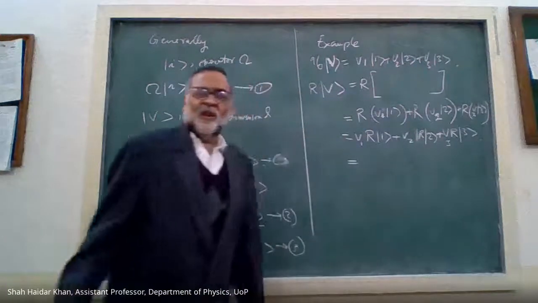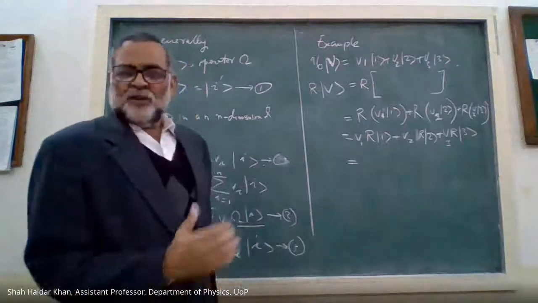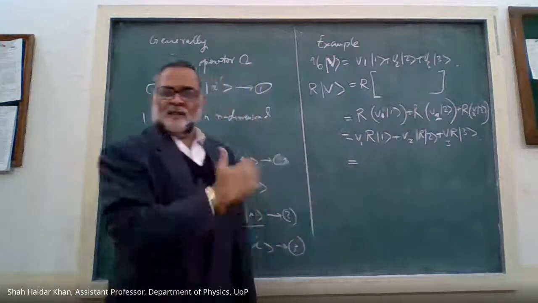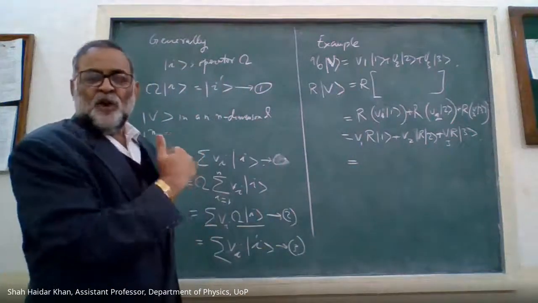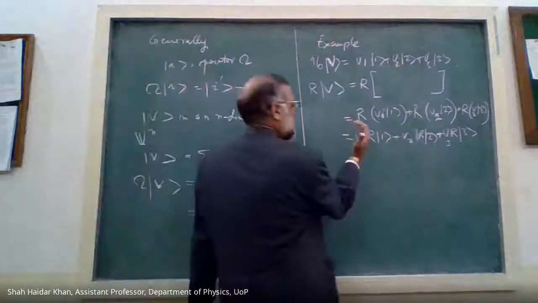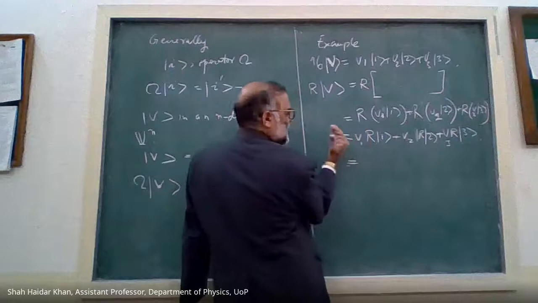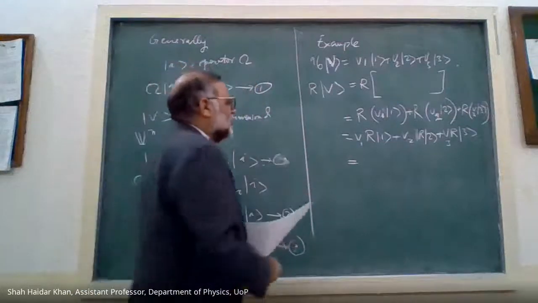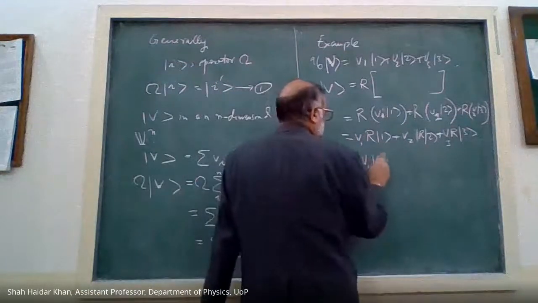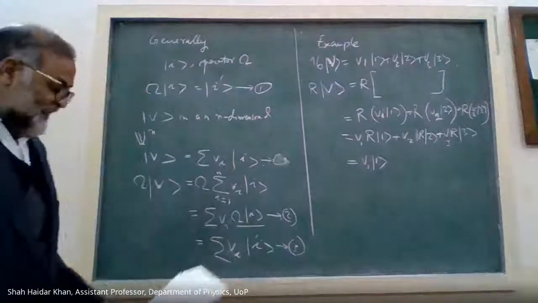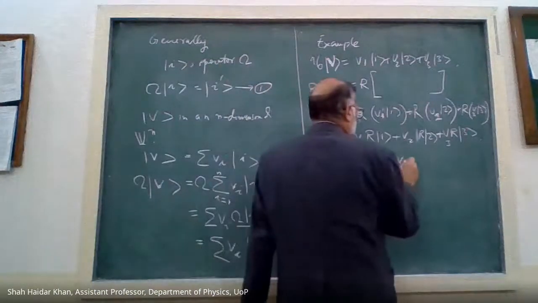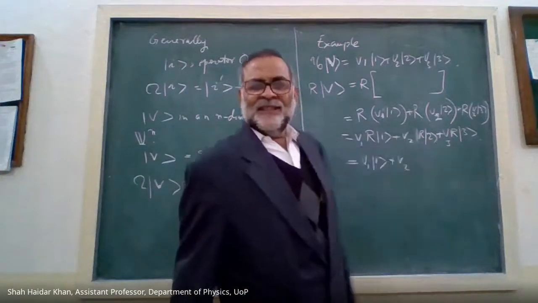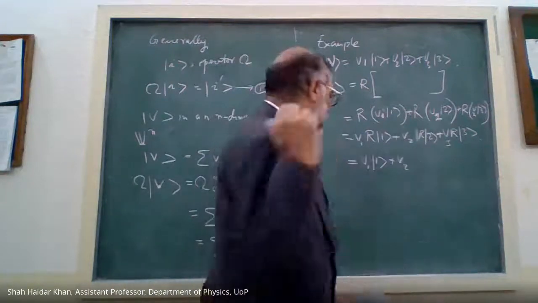And you know, the rotation is about the I vector or X axis, or this ket 1, in the previous example. So it does not change it. When you rotate about this, it is not doing anything to it. So it will be V1 and it will be 1. And V2, it turns 2 into 3, we saw that in the previous example.